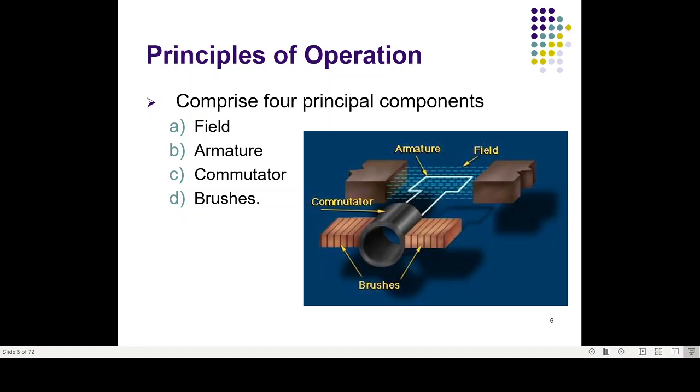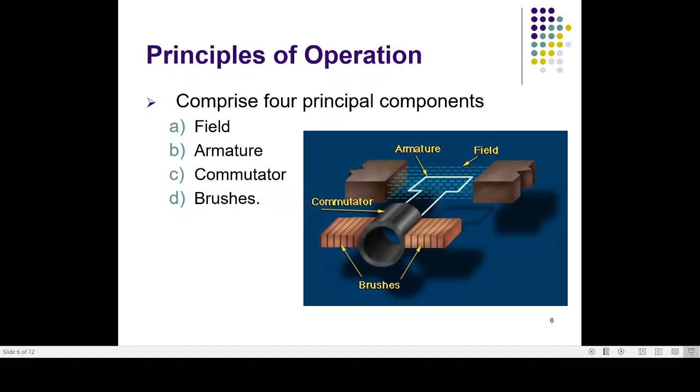Okay, next, the DC motor comprises four principal components. The basic working principle of a DC motor is whenever a current carrying conductor is placed in magnetic field, it experiences a mechanical force.